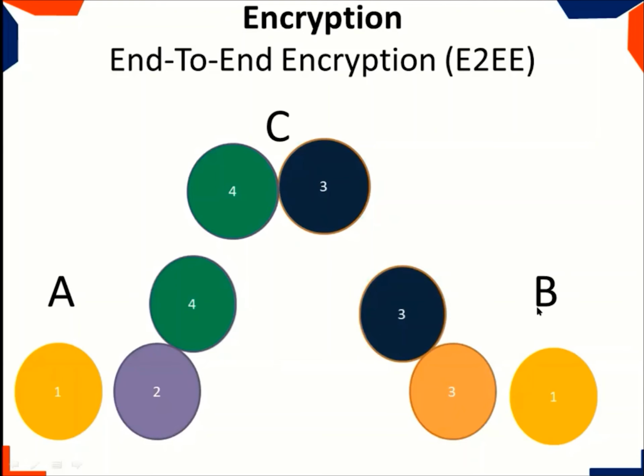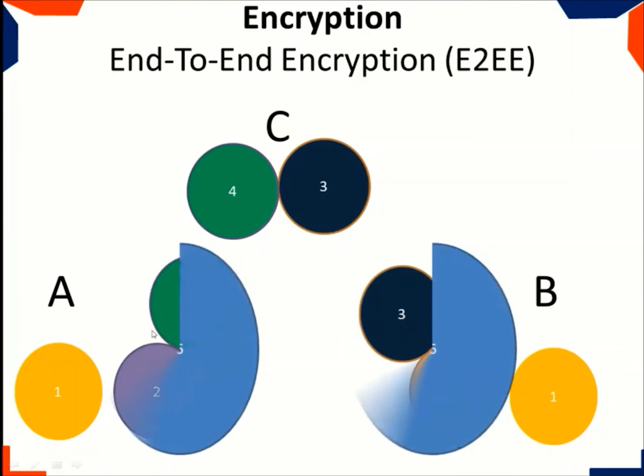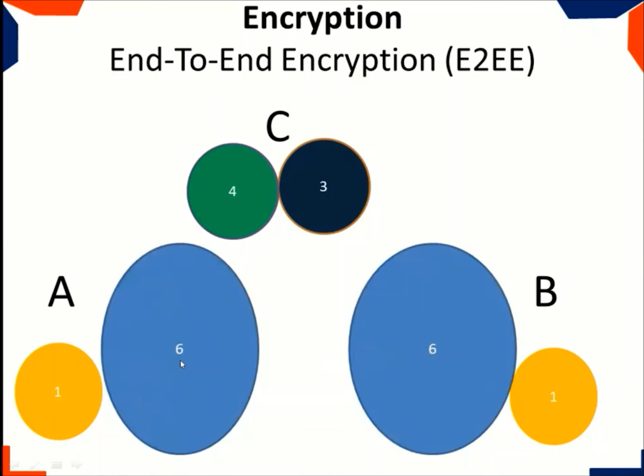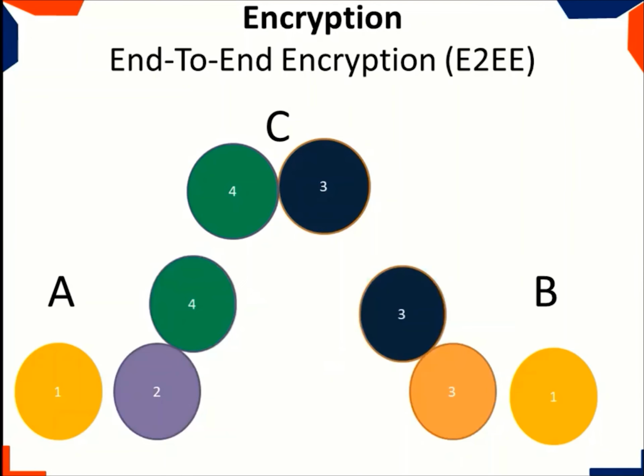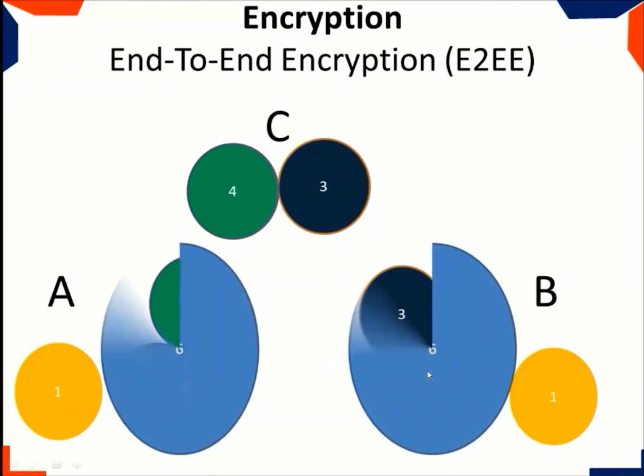Now, to come up with the unique encrypted number, they will add their own number. So when 4 plus 2 is added, it becomes 3, correct? And in the same way, when 3 plus 3 is added, it becomes 6.